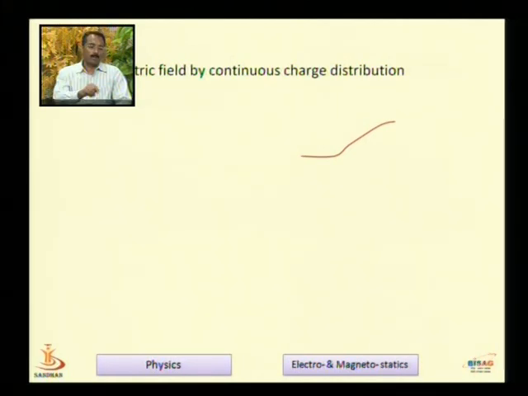And we want to find the electric field because of this charge distribution. Then what one has to do? So let us consider a small segment of this charge distribution. Now you can see this charge distribution is not linear, okay, it is not distributed on a straight line. It is a curve kind of thing.